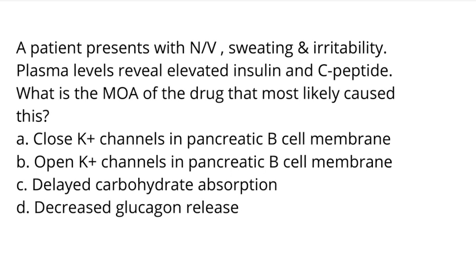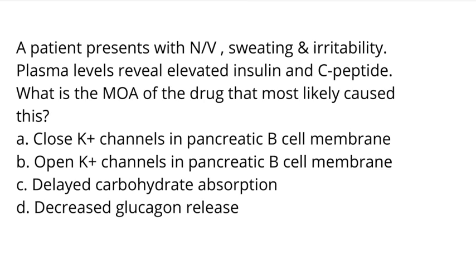C. Delayed carbohydrate absorption. Or D. Decreased glucagon release. So again, this patient is experiencing symptoms of hypoglycemia with nausea, vomiting, sweating, and irritability. We already know that sulfonylureas can cause this, but the question is, what is the mechanism of action of the sulfonylureas? Well, let's look at the answer choices.